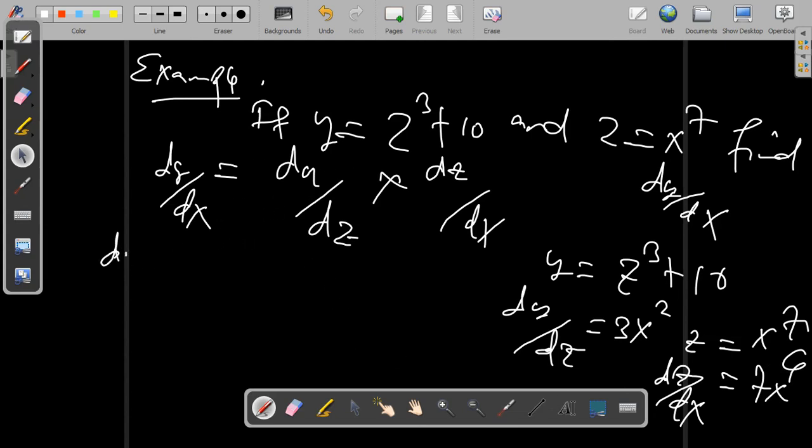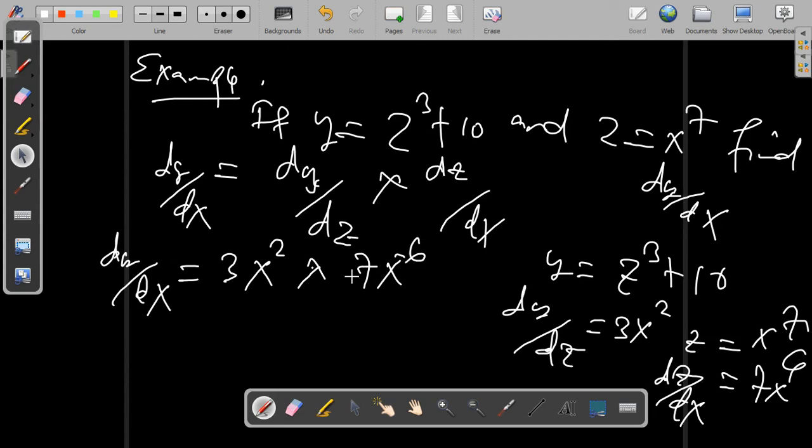To our formula, it will be dy over dx is equal to dy over dz times dz over dx. dy over dz gives you 3z to the power of 2, times dz over dx, which gives you 7x to the power of 6.